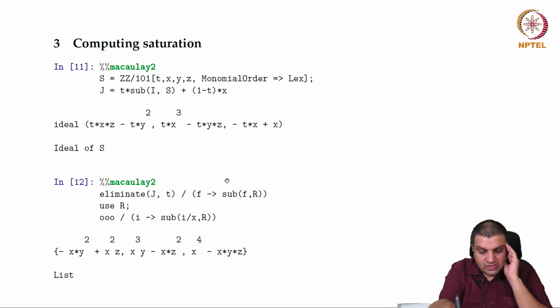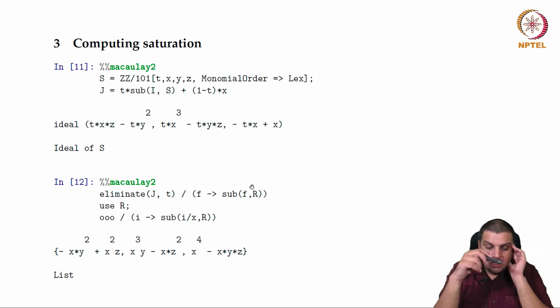So what is this? Eliminate j comma t slash f slash some function here. This is an abbreviation for the apply function. So eliminate j comma t will give some list, and now to that list apply this function. Okay, so it gave some generators.